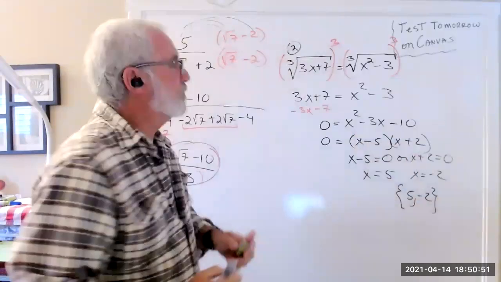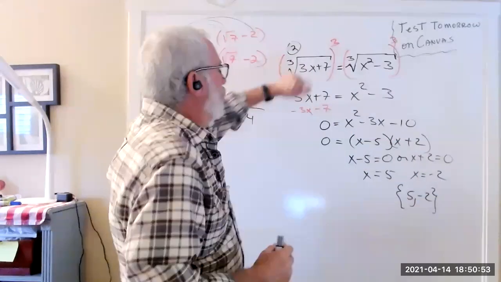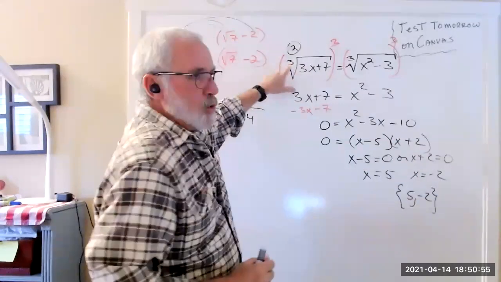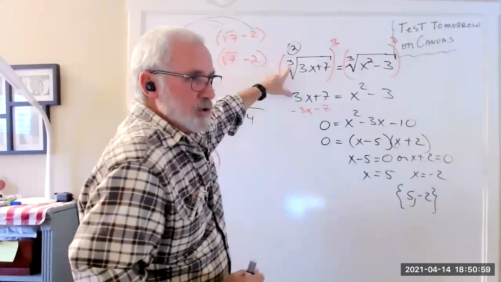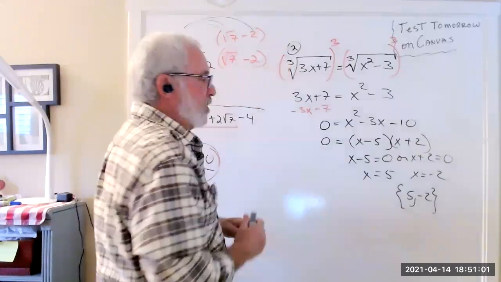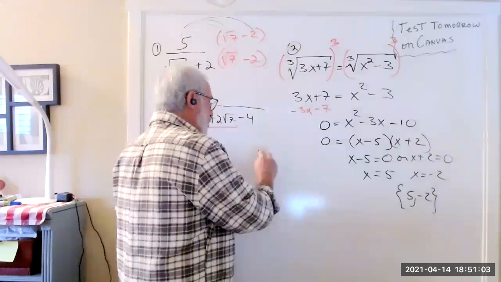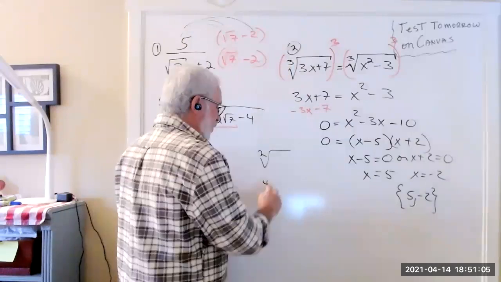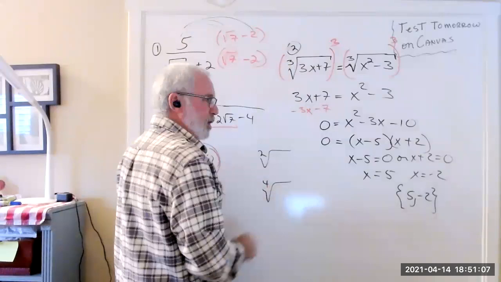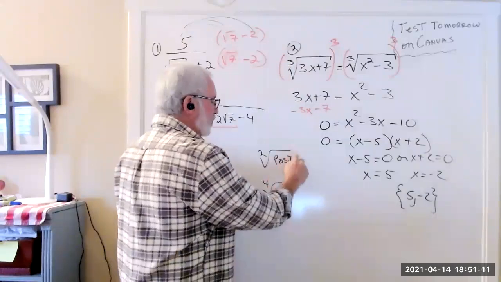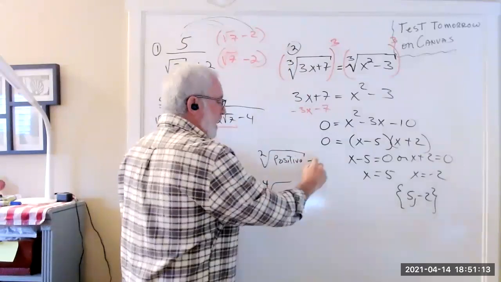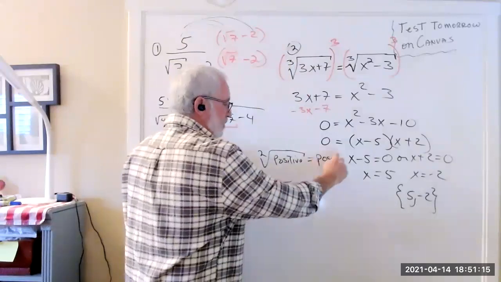Because it's a cube root, there are no restrictions. Remember, we have all these stupid rules for the square root of something or the fourth root of something. We have the rule that the inside has to be positive and the answer has to be positive for even indexes.